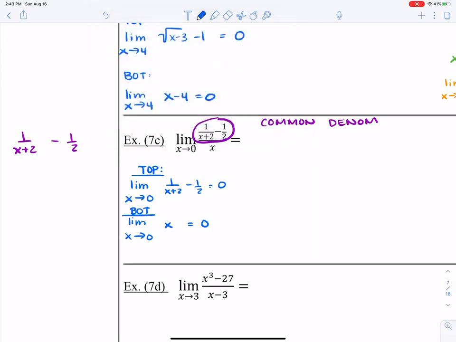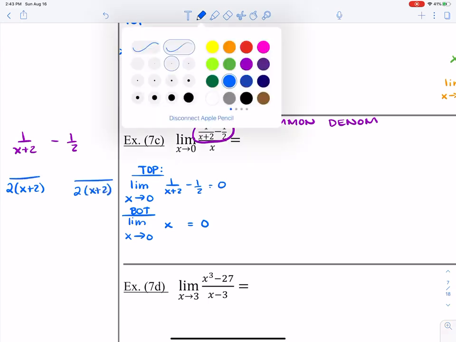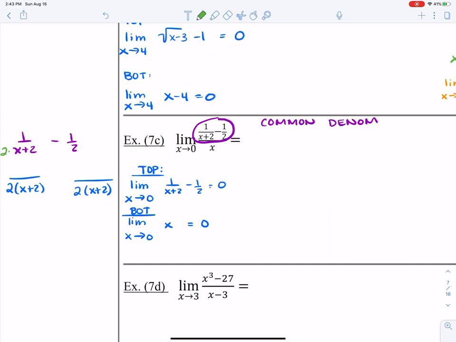A common denominator is clearly going to have to be 2 times x plus 2. So this term gets multiplied by 2 on the top and the bottom, and this term gets multiplied by an x plus 2 on the top and the bottom. Okay, so we're going to get 2 minus x plus 2.